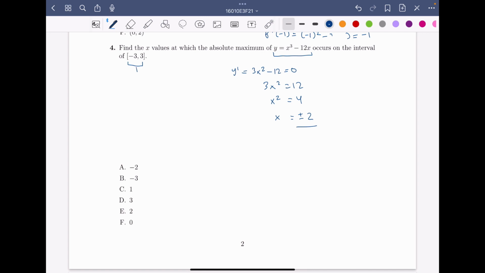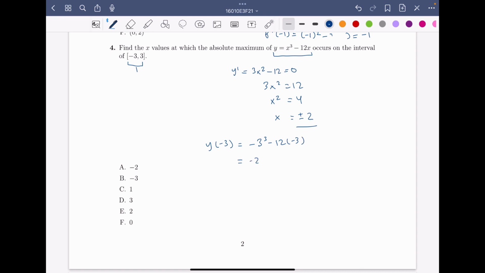So let's go ahead and just plug it into the original function. Plugging into the original function will just give us a very clear view of what the absolute max is. So let's go ahead and do that. Y of negative 3 equals negative 3 cubed minus 12 times negative 3.